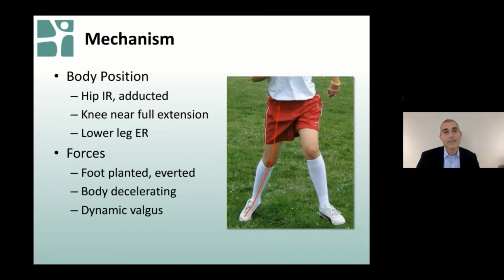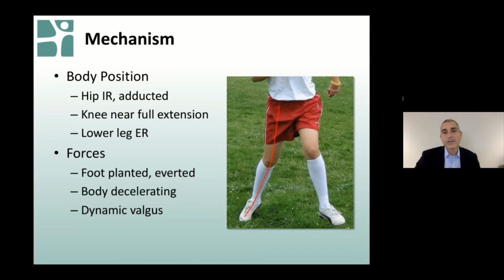There's a very characteristic pattern of injury that occurs with the ACL. We first have to consider body position, which is illustrated in this photograph. Typically, the hip is internally rotated and adducted, or brought towards the midline, and the knee is often near full extension, while the lower leg is externally rotated.